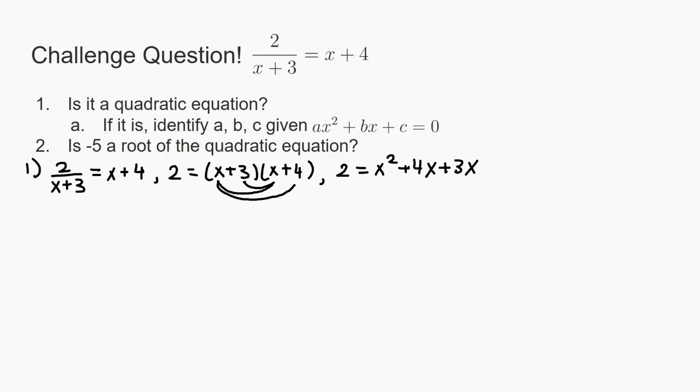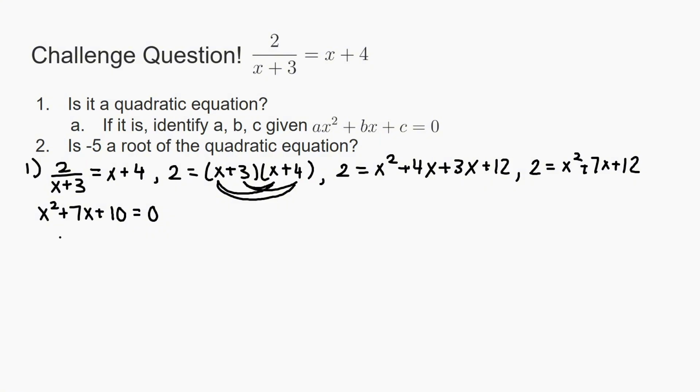And lastly, we do last, which is 3 times 4, which is going to be 12. So we simplify. That's going to be 2 equals x squared plus 7x plus 12. We want a 0 on this side, so we're going to subtract 2 from both sides. That gives us x squared plus 7x plus 10 equals 0.